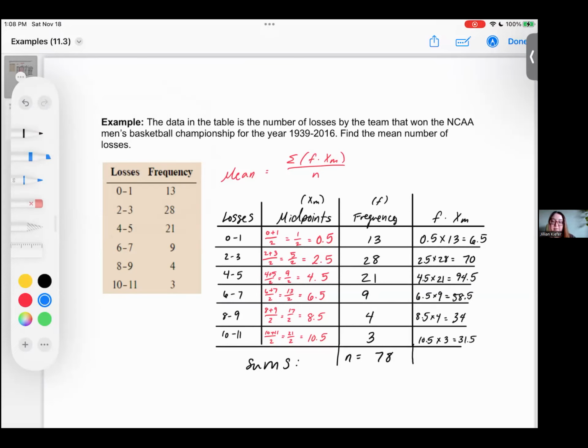So we found all of these values. Now we want to make sure to add all of them together to get the sum of them. So we'll have 6.5 plus 70 plus 94.5 plus 58.5 plus 34 plus 31.5. Adding all of those together will give us 295.